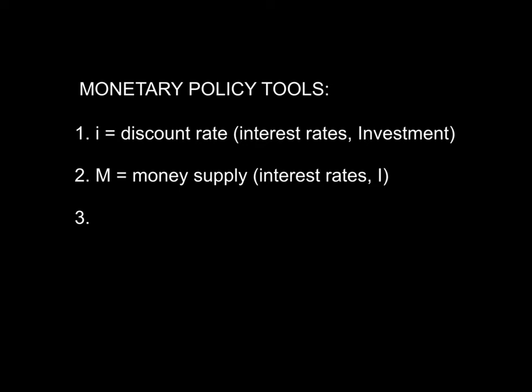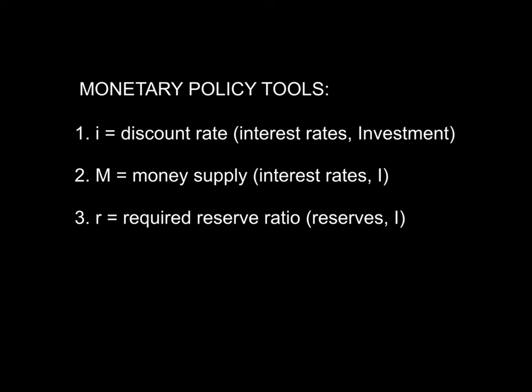The second tool is M for the money supply, and this also is aimed at interest rates and investment. The third is R for the required reserve ratio, and this is seeking to influence the level of reserves and again in turn to influence primarily the investment component of GDP.